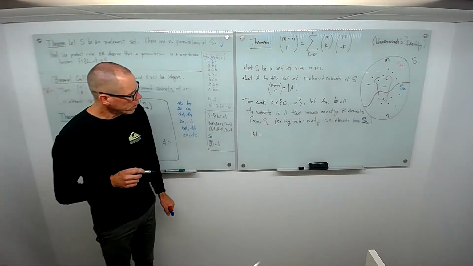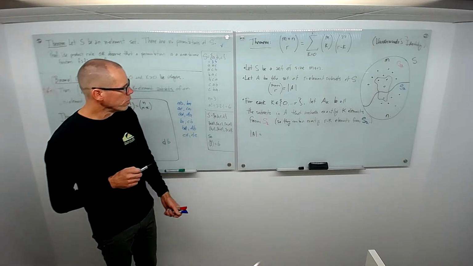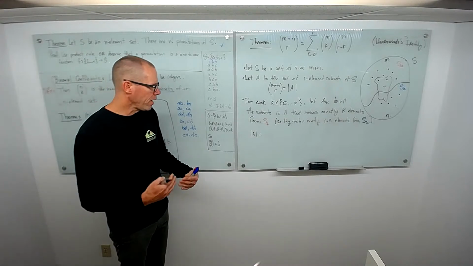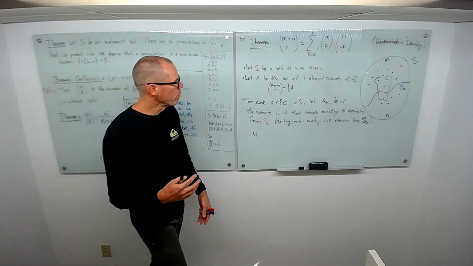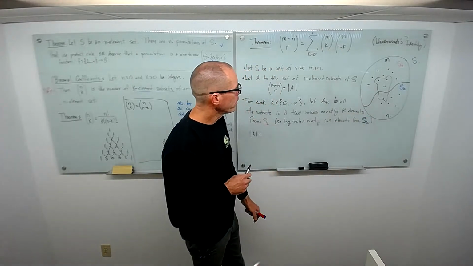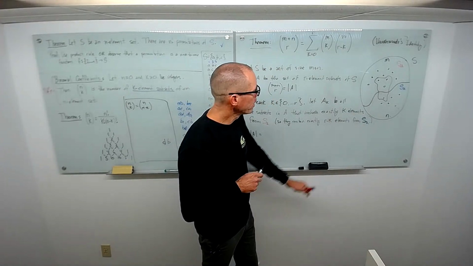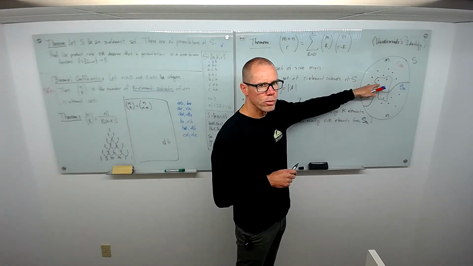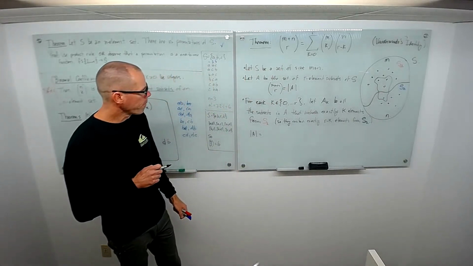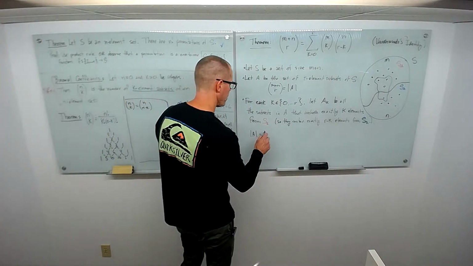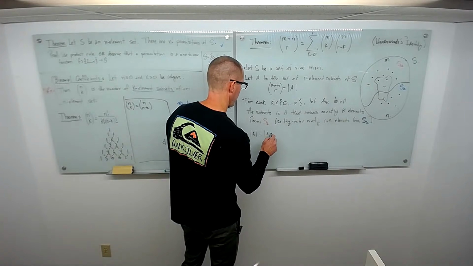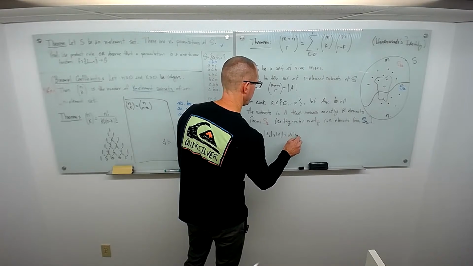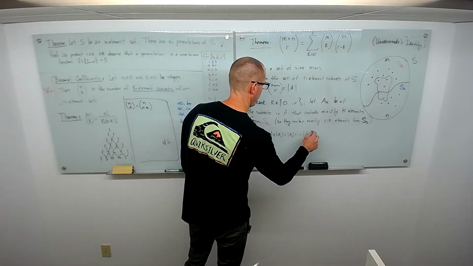All right, so now we're just about done, because we can use the sum rule. So A is equal to the union of A0, A1, A2, A3, A4, all the way up to AR, because any R element subset contains 0 elements of S1 or 1 element or 2 or 3 or 4 all the way up to R. So that means that this is the size of A0 plus the size of A1 plus the size of A2 plus the size of AR.